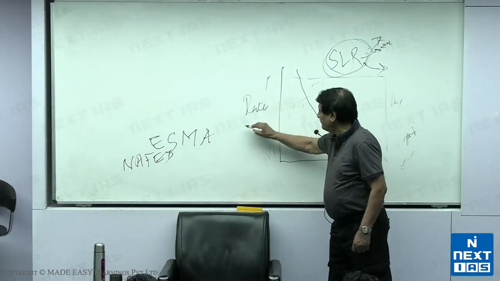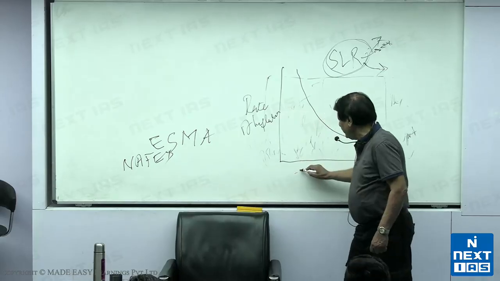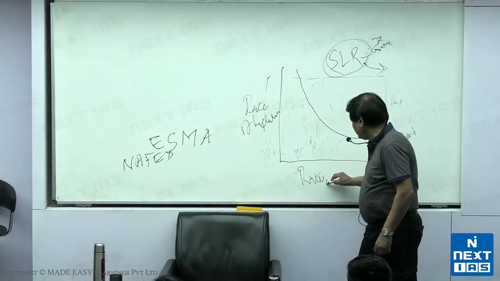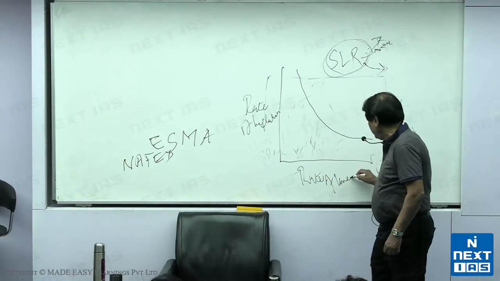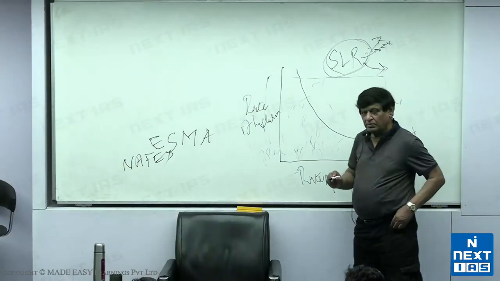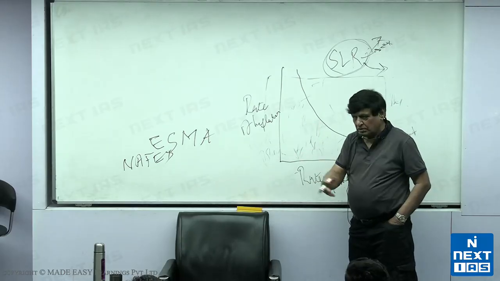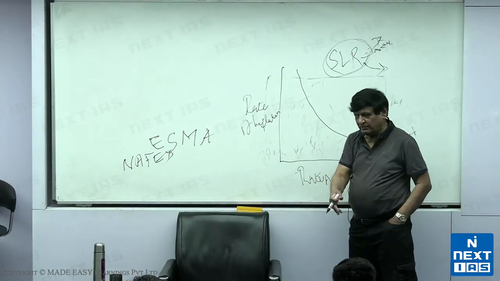Here you measure rate of inflation and here you measure rate of unemployment. Demand curve is downward sloping, the inverse relationship between price and demand.